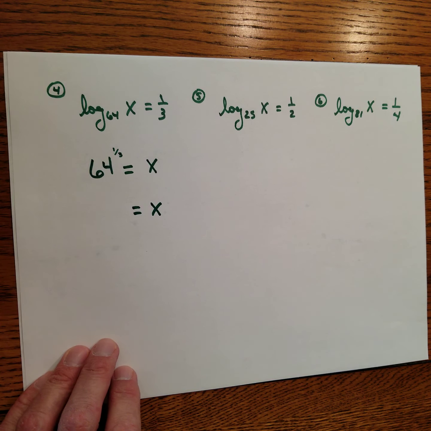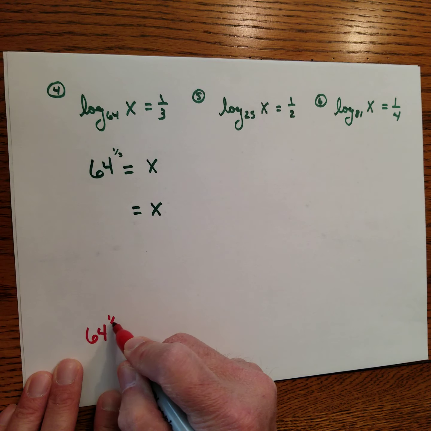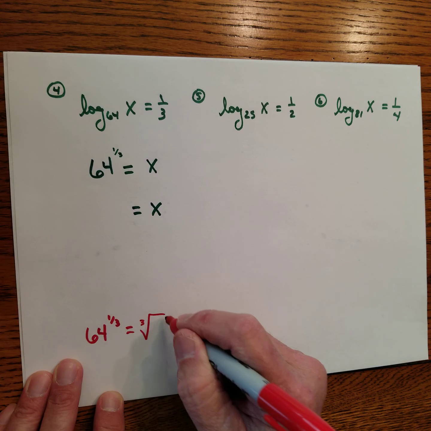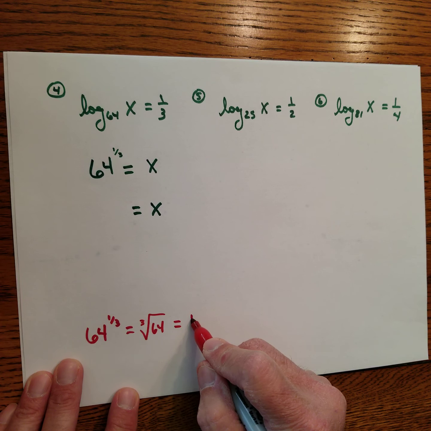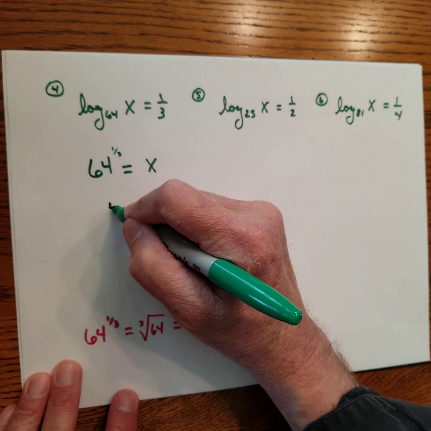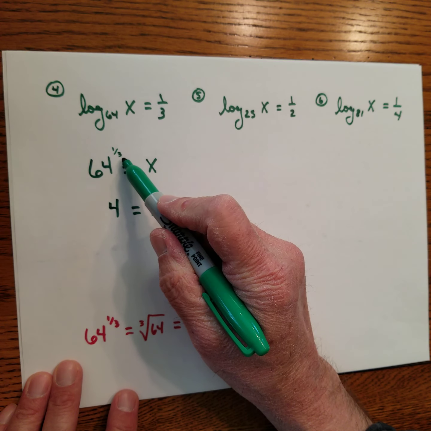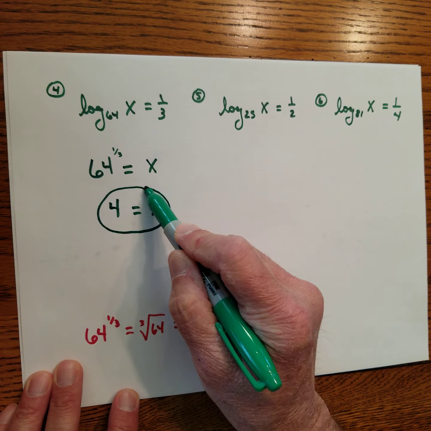Well, I know that 64 to the 1/3 power means the cubed root of 64. And the cubed root of 64 is 4. So my answer must be 4. 64 to the 1/3 power means cubed root of 64, which is 4.